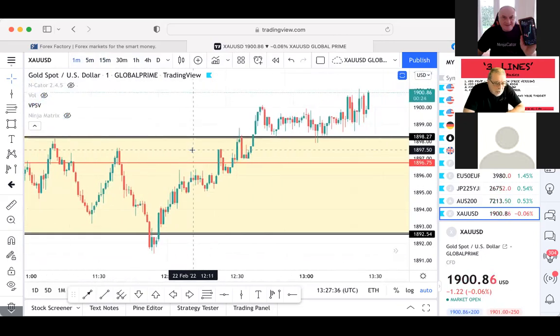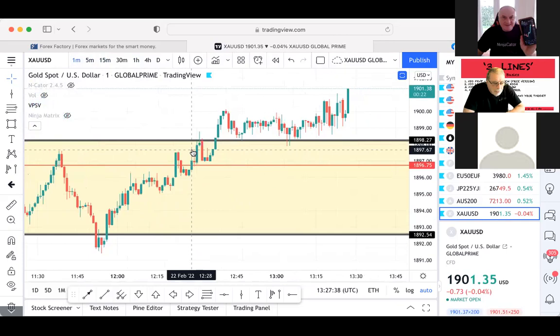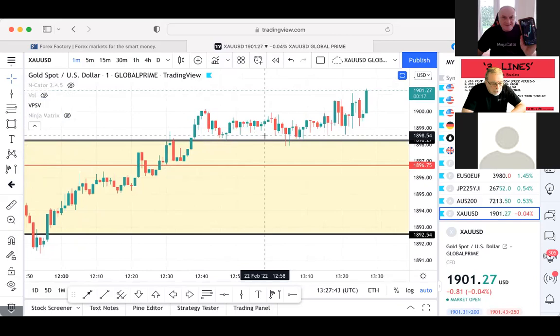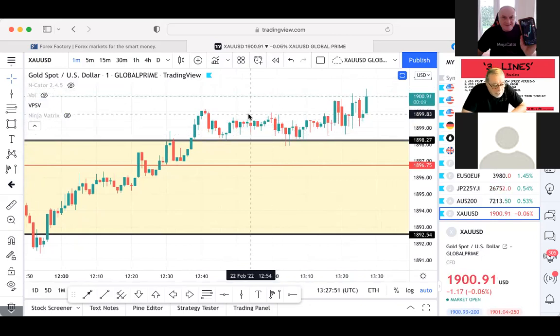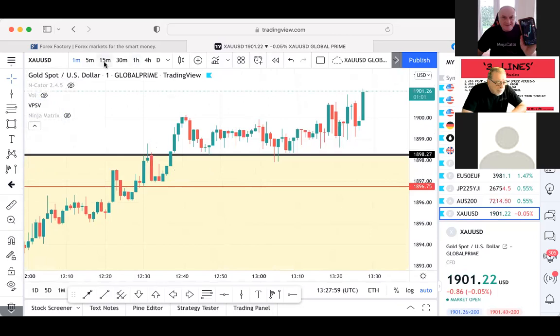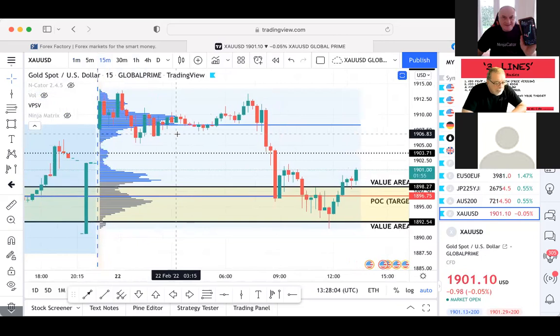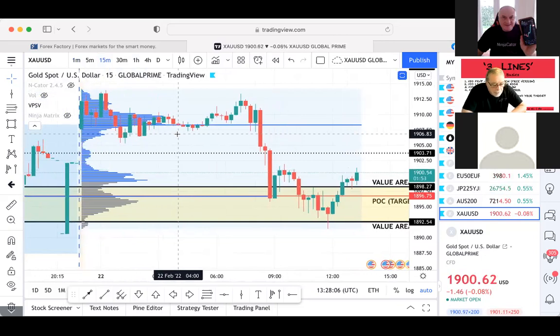But the first thing that occurs to me when I look at that is it's really choppy, and it's very wicky. There's lots of long wicks, and it's up and down. But I guess if you've got the skill, you can grab a few pips on each of those moves. But I'll stick with my strategy at the minute, which is 15-minute. I look at the 5-minute for any additional information, but I generally trade off the 15-minute chart.